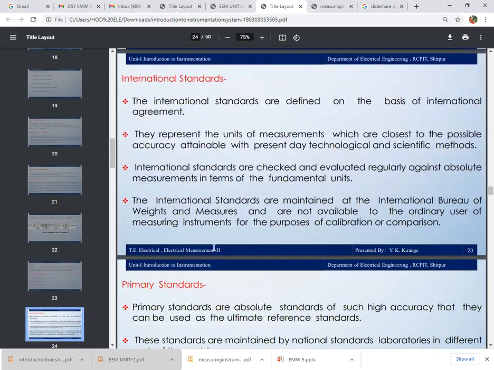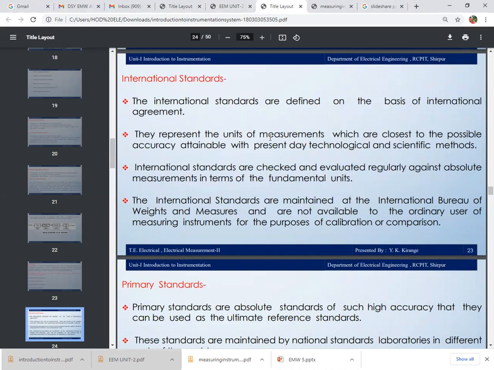So the first standard is your international standard. These international standards are defined by international agreement.